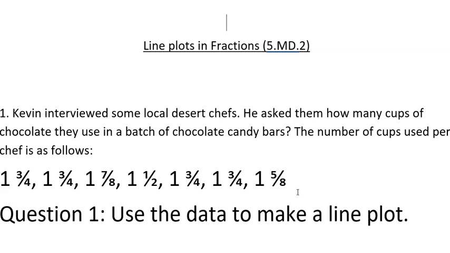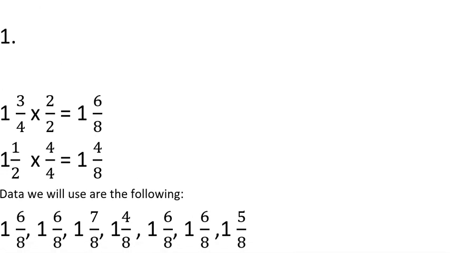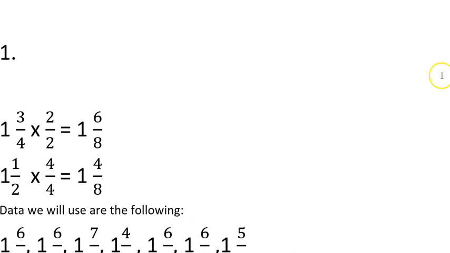So what you can do is change the fractions to make sure the denominators are all the same by looking for the equivalent fraction. And the way to do that is, from the data we have, we will see that 1 3/4 and 1 1/2 are the ones that have different denominators.